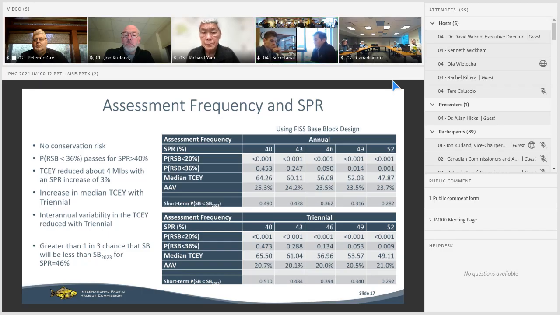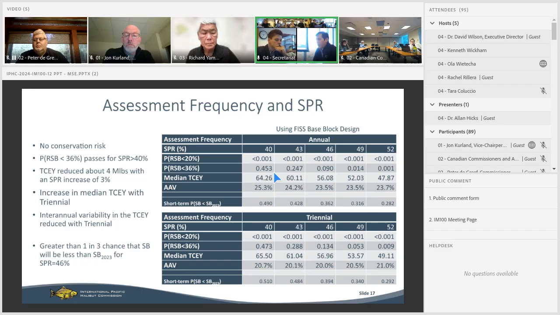The probability that the spawning biomass is less than 36% passes for all of these SPR levels examined here. And you can see that because at the highest fishing intensity, well, actually 55% of the time you'd be above the RSB of 36%.